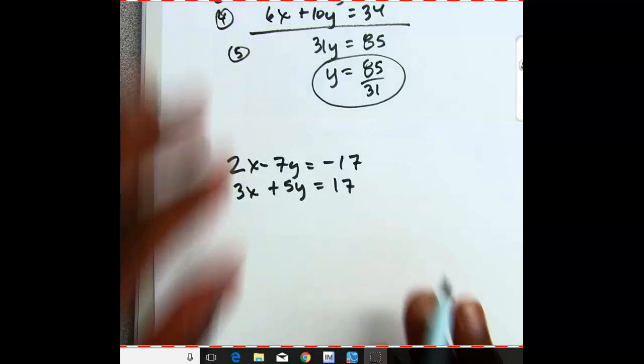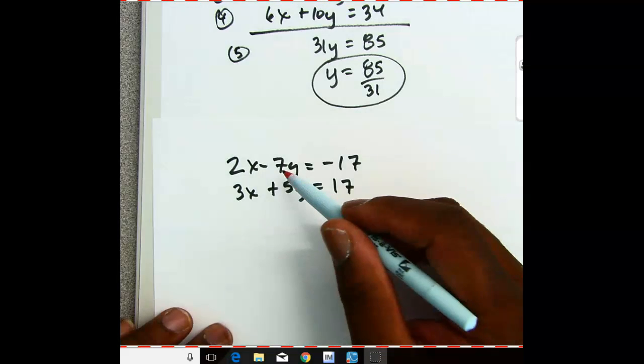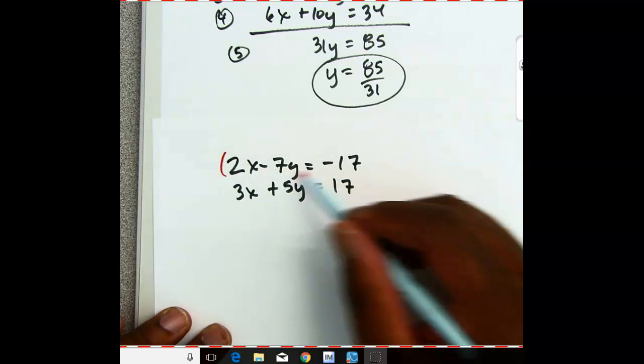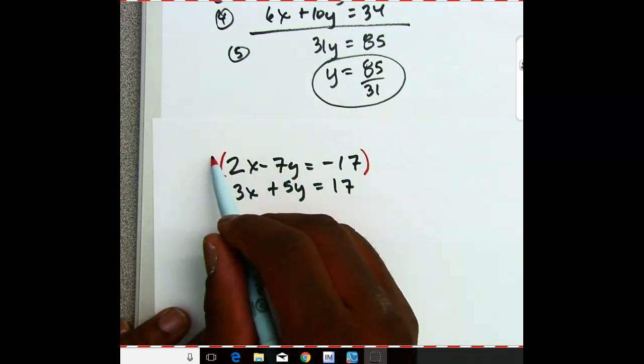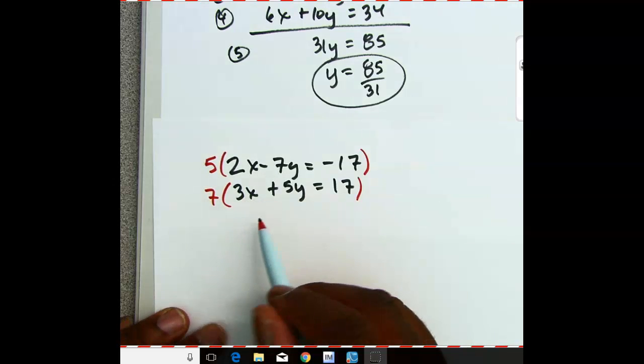So what's your least common multiple between 5 and 7? 35. So we're going to have to multiply, and we already have one negative and one positive. So we can just multiply by positive values. On top, the first equation, we're going to multiply by 5. And the second one, we're going to multiply by 7.